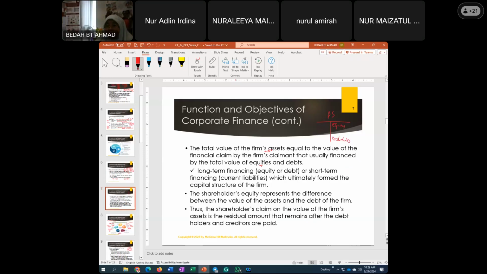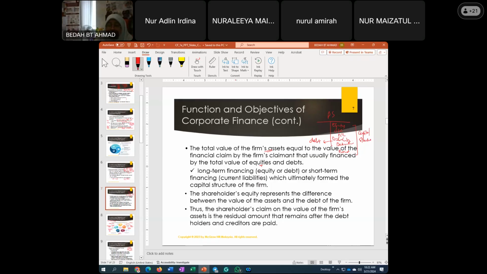Equity here is ordinary share capital and preference share capital. Then you have liability, which is your debentures and bonds. This is equity, this is liability, which is considered your debt. So equity plus debt forms the capital structure of the firm. This capital structure will be one of your topics later.